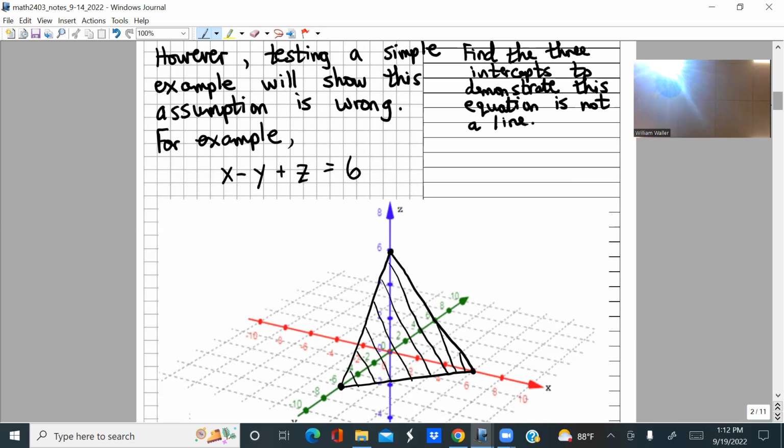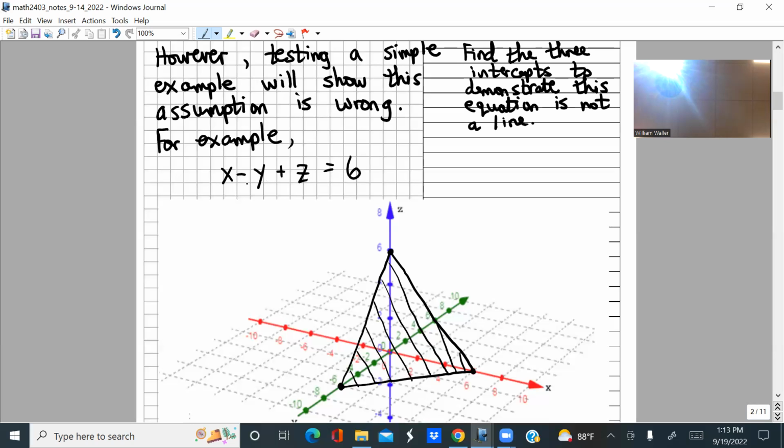But when you graph it, you're not going to get a straight line. Let me show you how you know that's true. Try to plot the intercepts on the axes. How do you get the z-intercept, where this equation crosses the z-axis? To get the z-intercept, set x and y to 0.